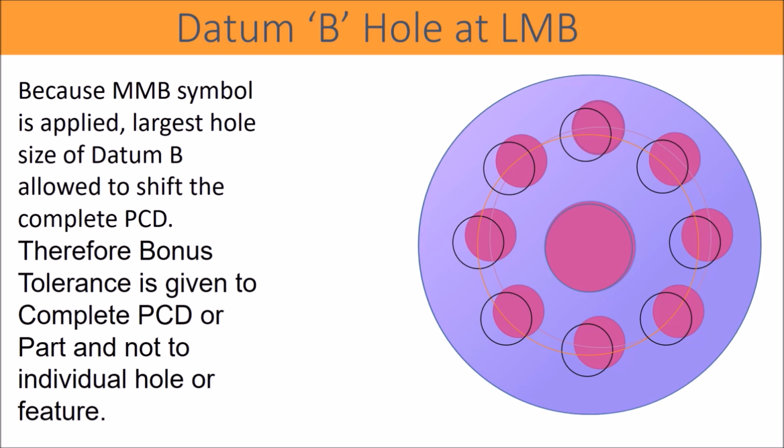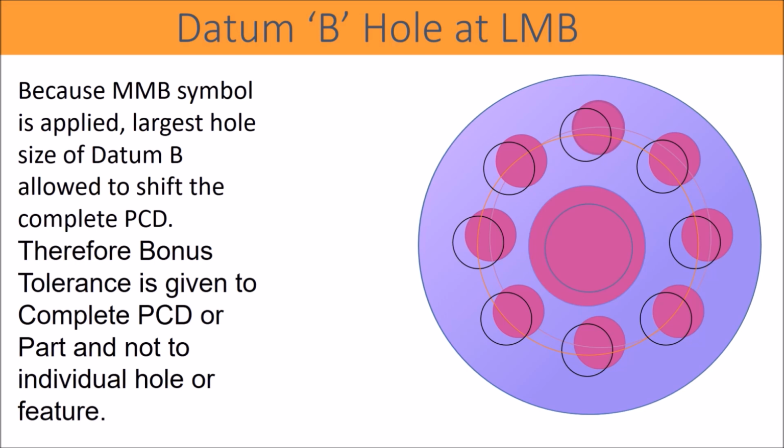Suppose datum hole B is produced at its largest size of diameter, that is, at its least material boundary. This gives more clearance, as you see, or the bonus to shift the part from the datum.